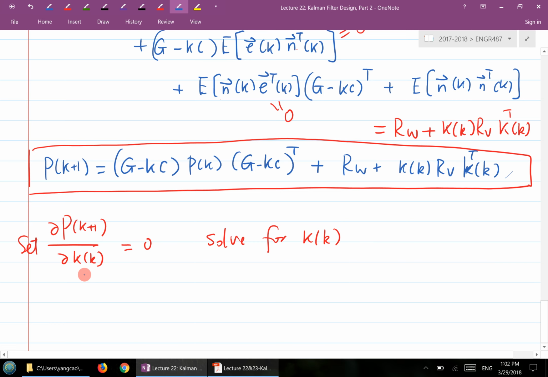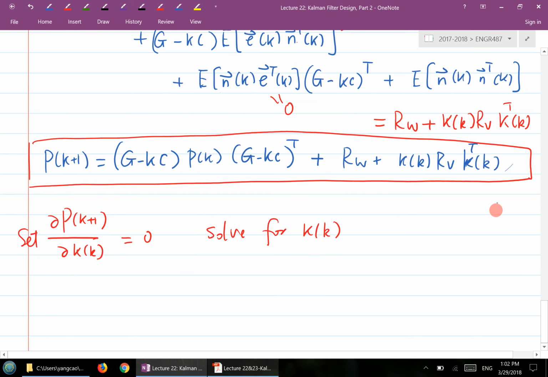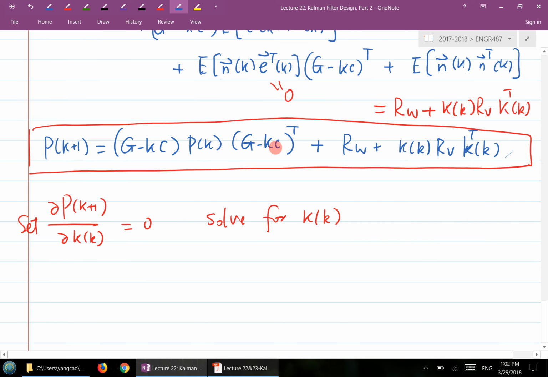So let's calculate the partial derivative of this whole expression with respect to K. Now we have to be careful a little bit. Look at the first term here, which has three different variables. This is not a function of k. And P is P of k, not P of k plus 1.